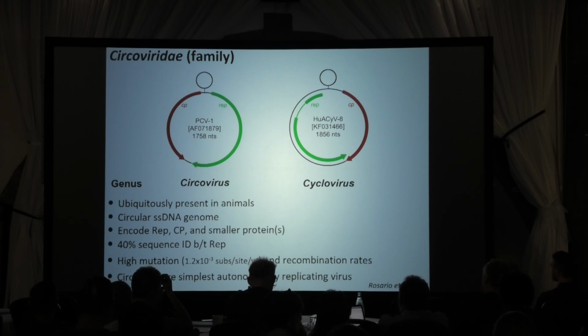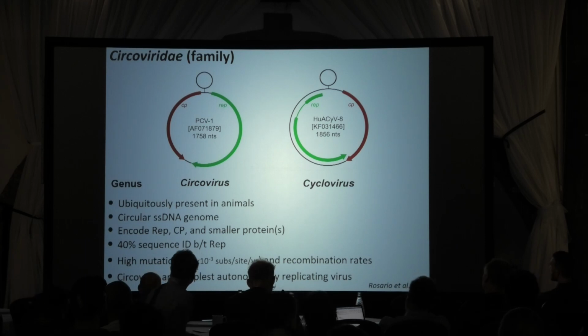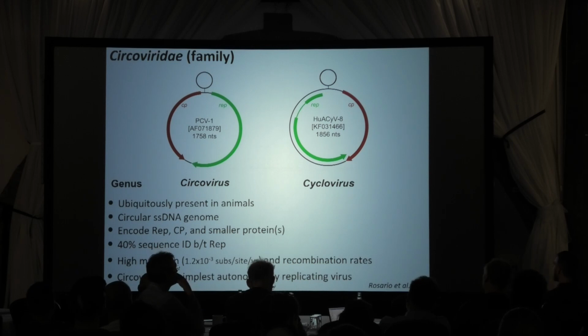Circovirus is associated with a number of diseases in various animals. PCV in particular has the ability to jump from one animal to another. Cycloviruses tend to be more present in humans. What disease they cause, we don't know anything of, but we know that they're just running around within us.